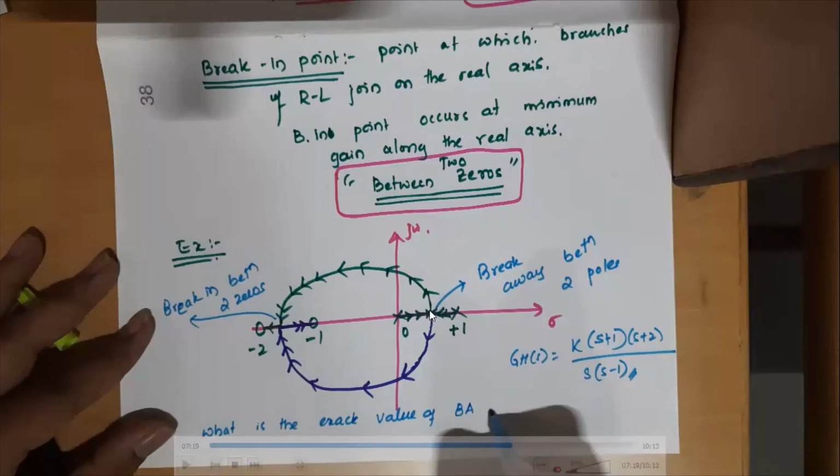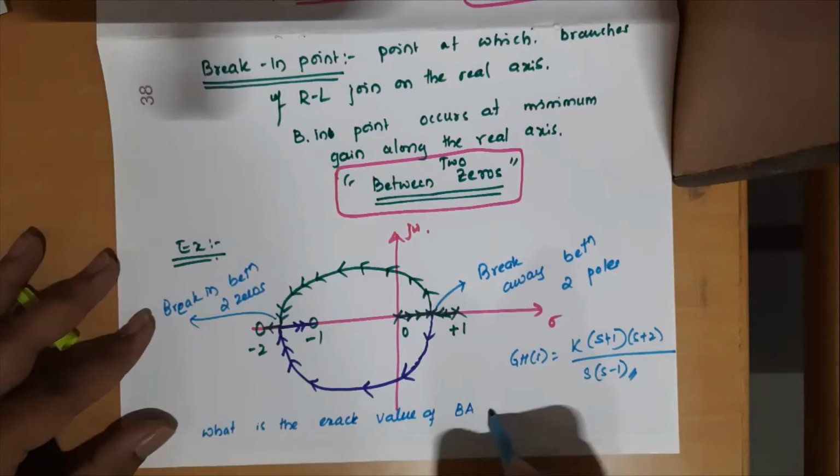Then at k equal to 6, immediately the poles become complex conjugates, because they have both real and imaginary values at this location, where k equal to 6, 7, 8, 9, 10, 11, 12. Up to this point, these poles take complex conjugate values. So at k equal to 5, they are breaking away.